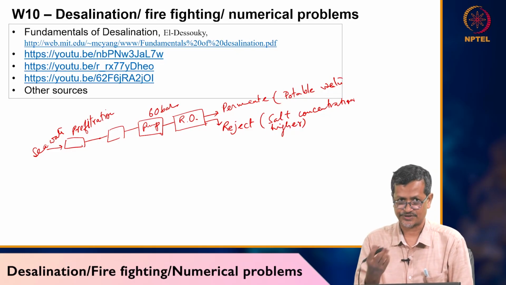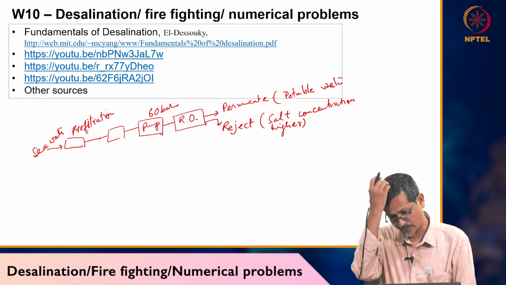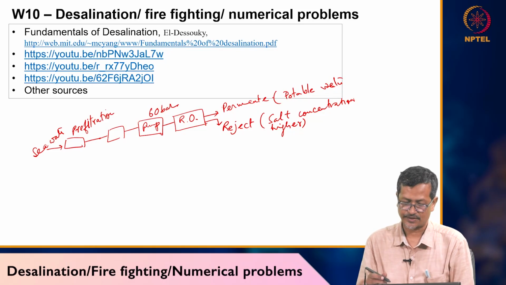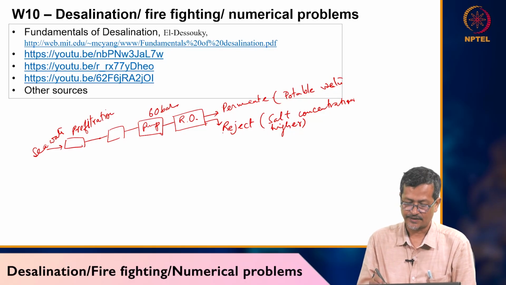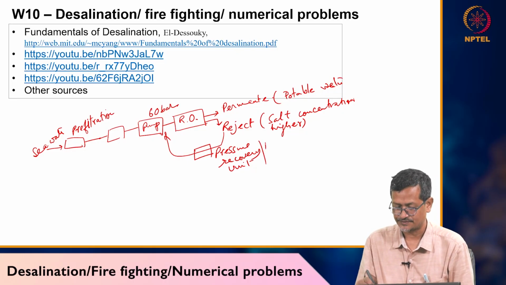Now, in many cases, especially seawater desalination, after RO there will be a sufficient amount of pressure. That pressure can also be recovered and fed back, so that the pump will work less. So there will be one pressure recovery system, unit, or sometimes a pressure exchanger.